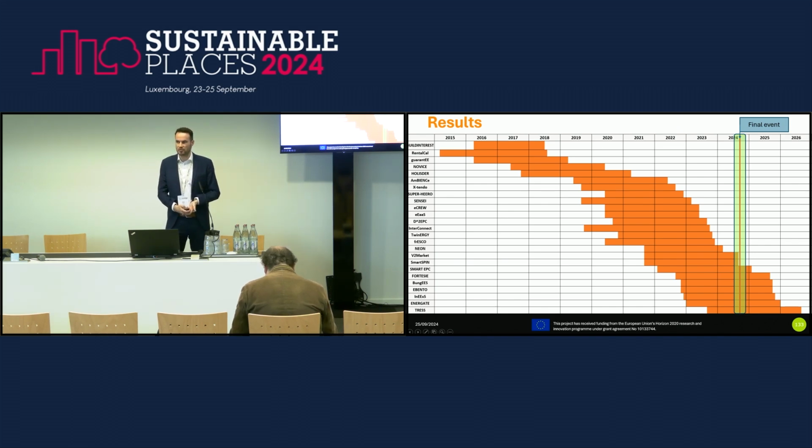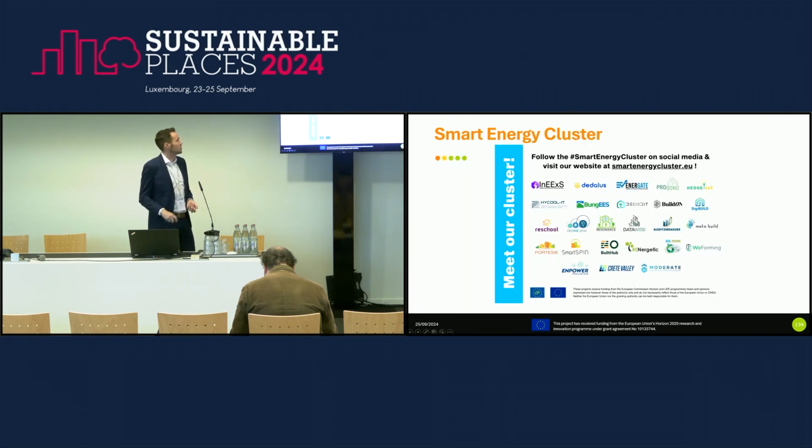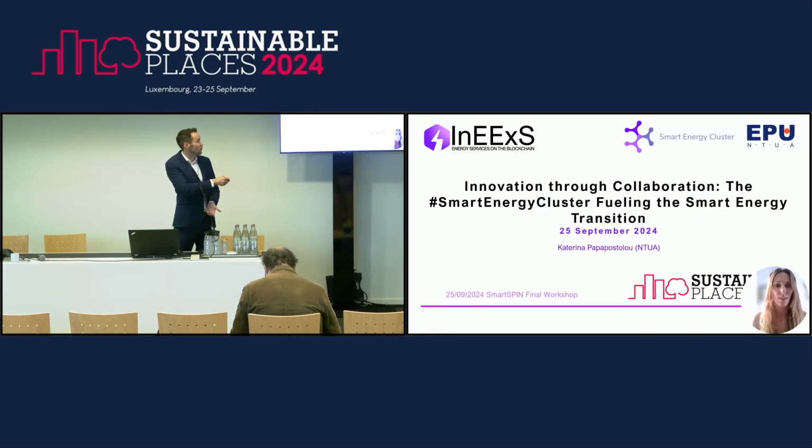As a result of that, with various projects in this list, the smart energy cluster has been developed, with over 25 projects at the moment who are in this cluster. And Katerina, who's unfortunately not here today, will tell you some more about this cluster in this video, which is hopefully playing right now.